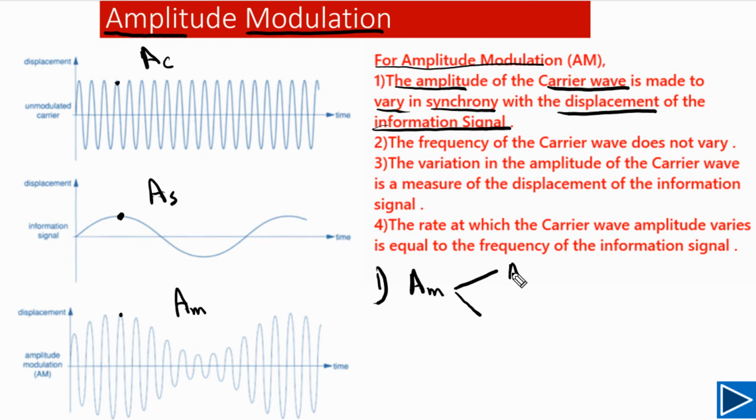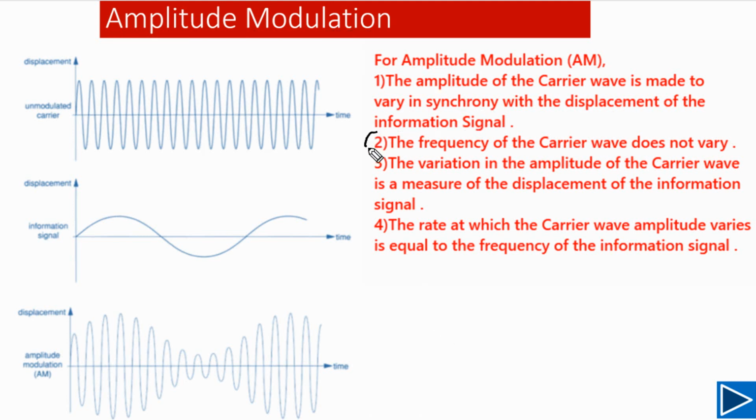It depends on the amplitude of the carrier wave and on the amplitude of the signal. When the amplitude of the signal is increasing and positive, the amplitude of the modulated wave will increase. And when the amplitude of the signal is decreasing and negative, the amplitude of the modulated wave will decrease.